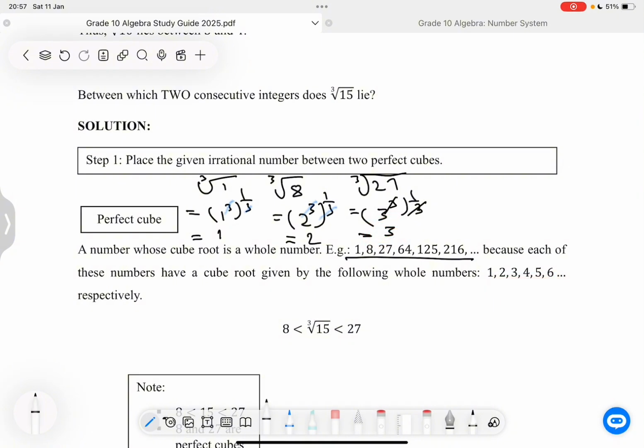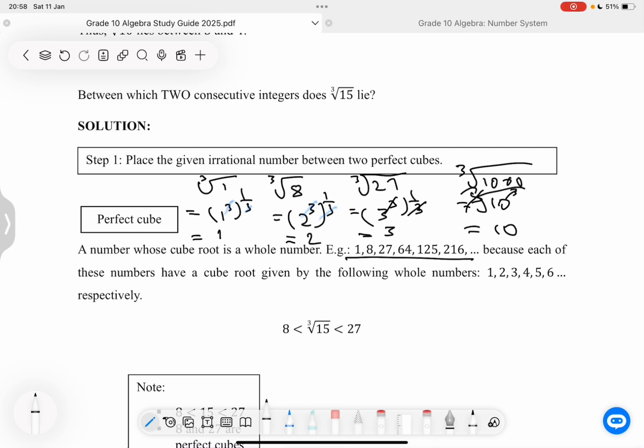So for instance, 10 to the power 3 should give me 1,000. But if I take the cubic root of 1,000, I'm going to be left with a 10, because the 3 and the 3 would cancel.